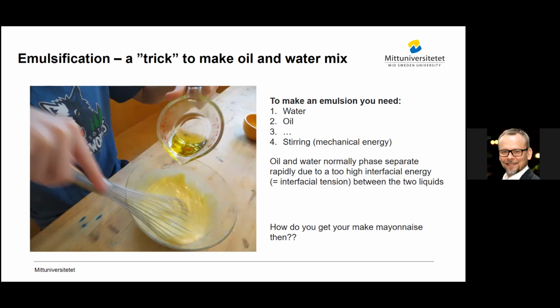So you need something that mediates the interfacial energy or interfacial tension between the two liquids. So something that is both polar and non-polar, that makes the energy go down at the interface between the phases of the different liquids. So that's how you get your mayonnaise.